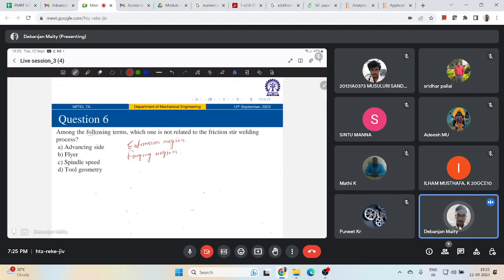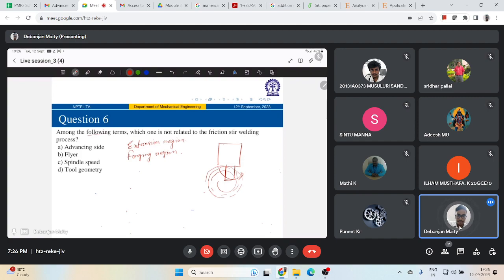So in the extrusion zone, the material flows around the pin. If you have this tool rotating continuously, what will happen with the material? It will also flow around the pin from the front to rear.